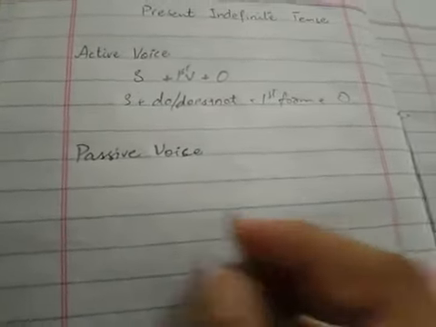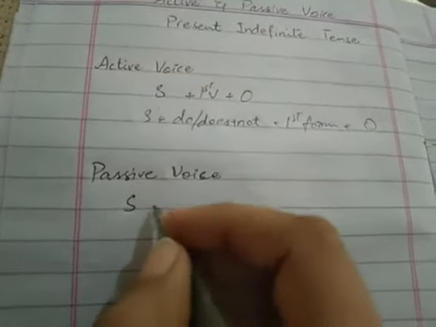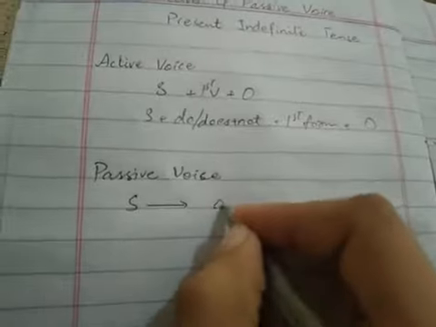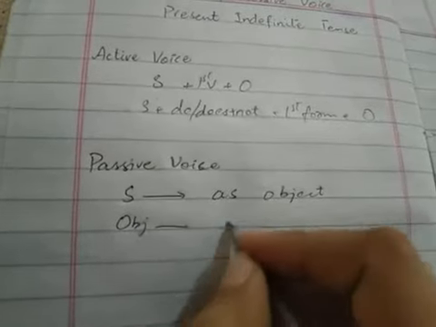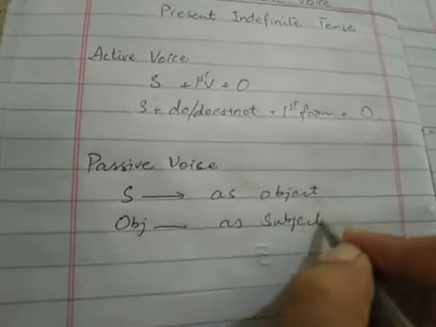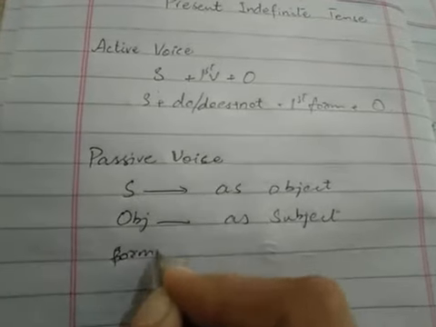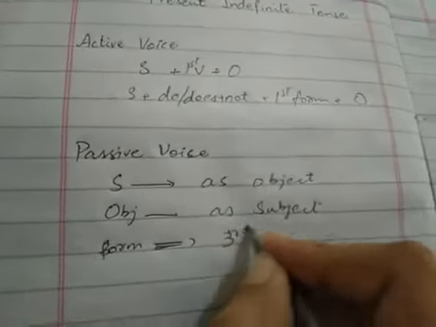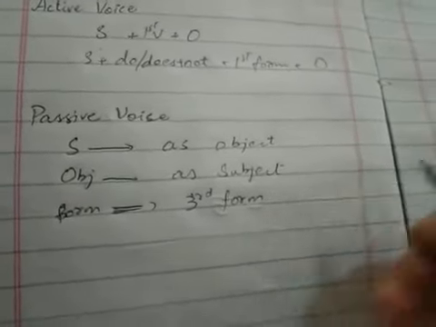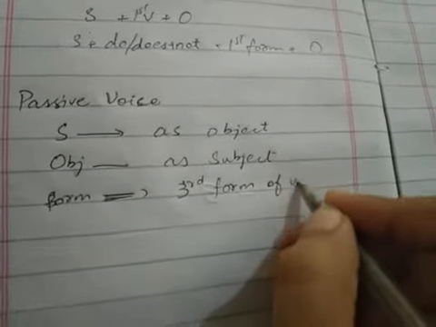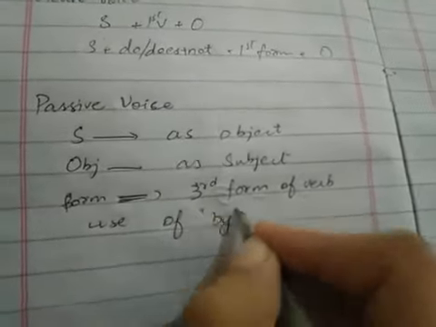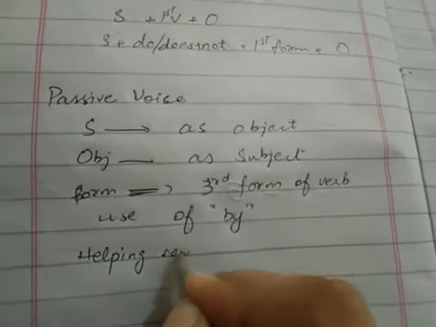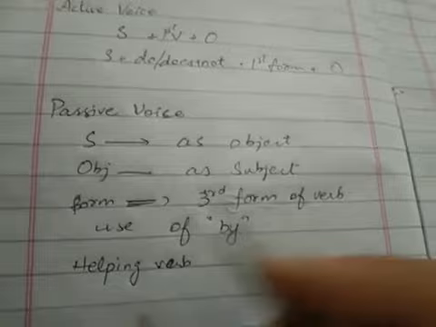The third form of verb is used in every type of sentence, along with by and a helping verb. The helping verb is different in each type of tense.